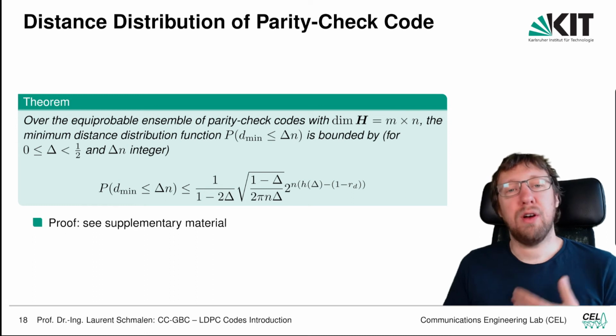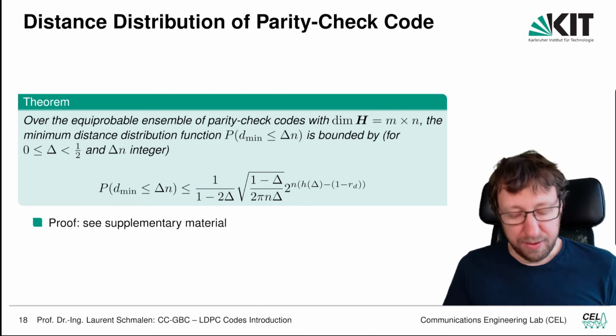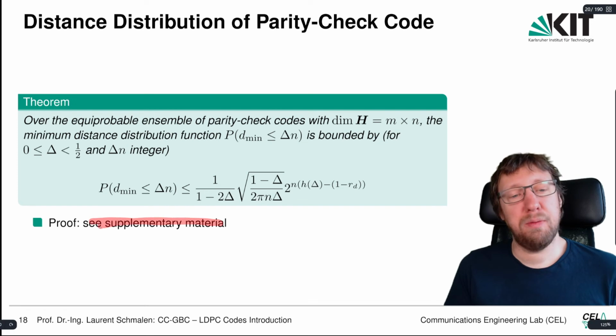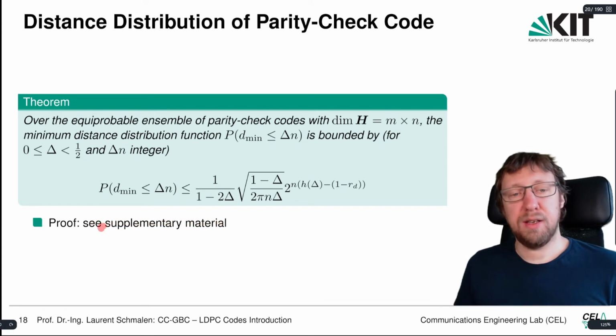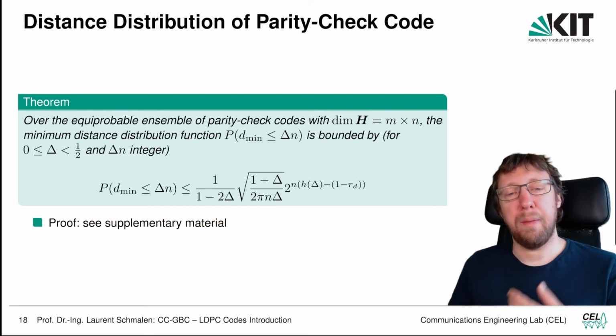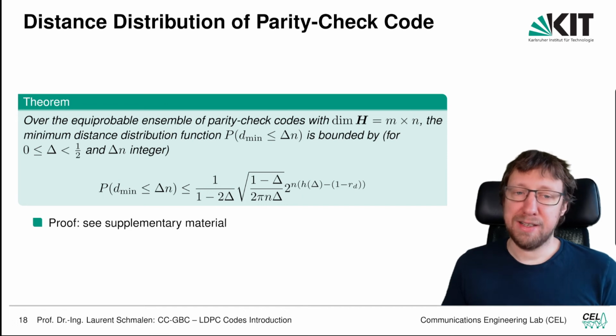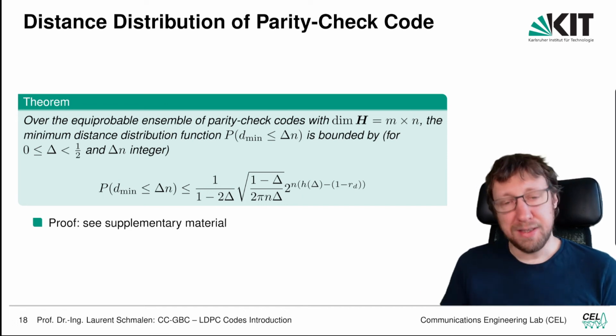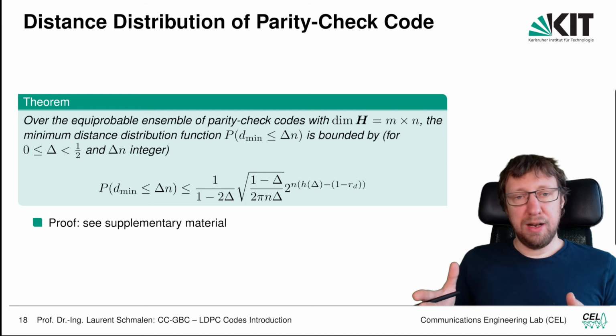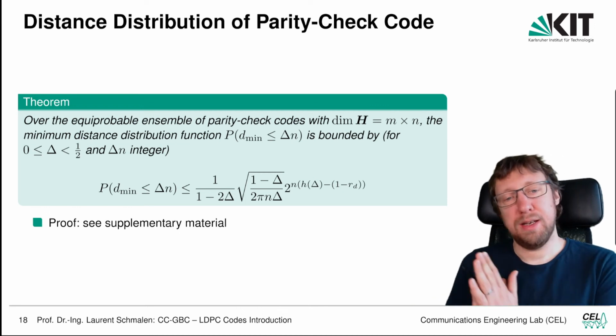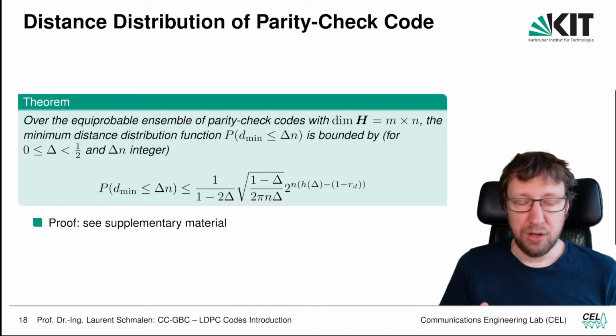And the proof is also lengthy, and we put it in the supplementary material because it's not so important for the remainder of the lecture. If you want to go really deep into the analysis of these codes, it's a very nice proof to look at and very insightful. But for the general lecture, it's put in the supplementary material, which is not relevant.